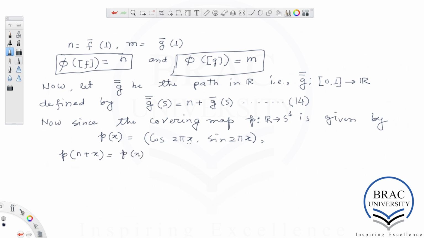So just replace x with n plus x, you get back to the same expression, cosine 2 pi x, sine 2 pi x. So one has P of n plus x equal to P of x for all x in the set of real numbers. This is our equation number 15.